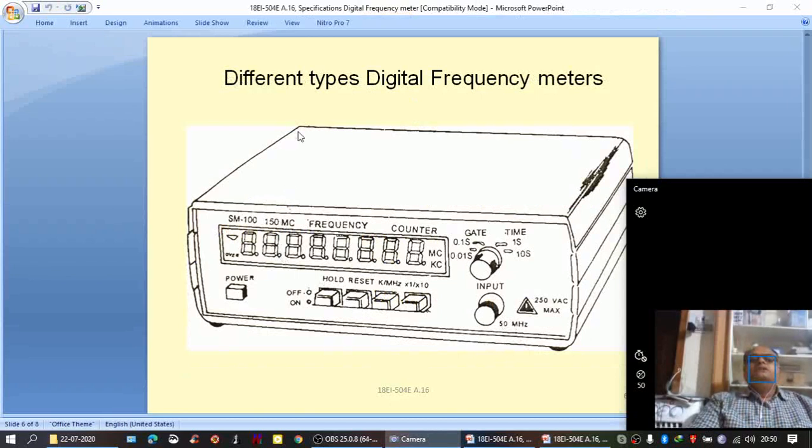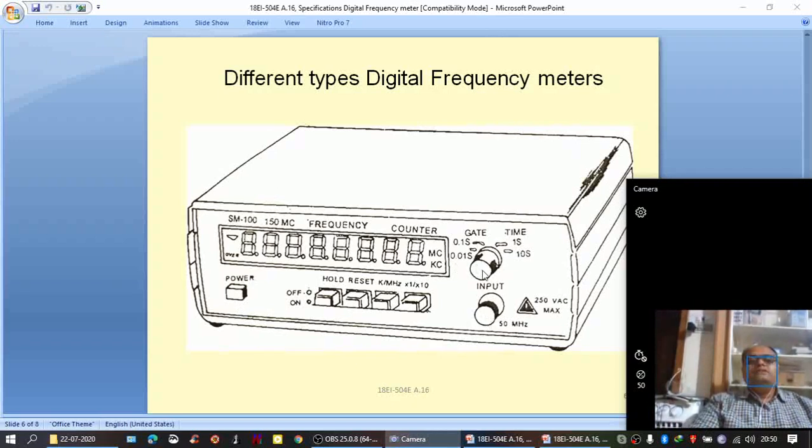Now, a typical digital frequency meter appears to be like this. Here, this is the power switch, and the signal which is to be measured is to be connected here.